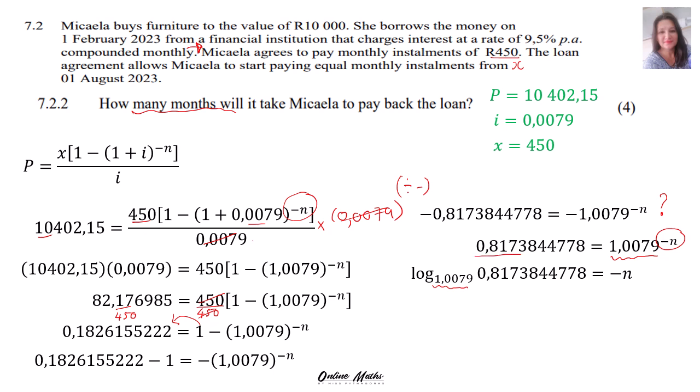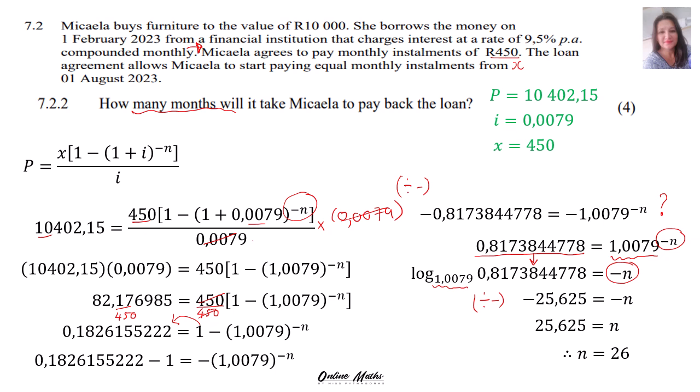This number that was standing on its own, it will get some friends and it will stand with the log, and then the exponent gets expelled and it stands on its own. And when you slot all of that into your calculator, you get negative 25,625, and then let's divide right through by negative. It becomes positive 25, therefore the answer, it will be n's value is 26 months.